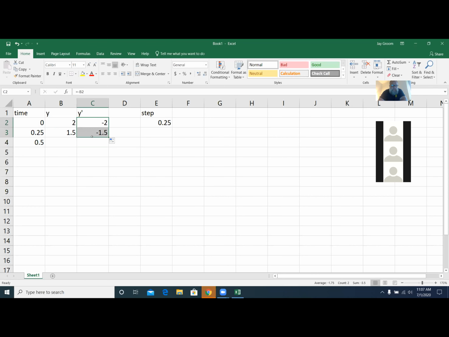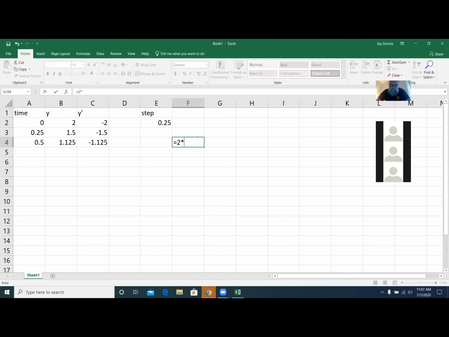So go ahead and drag this down. Oops. And then grab them both and drag them down. Okay, so this is what I'm saying. I am saying that y of 0.5 is approximately 1.125. Let's see how close we are. So the original equation that they said it was is supposed to be 2e to the minus x.